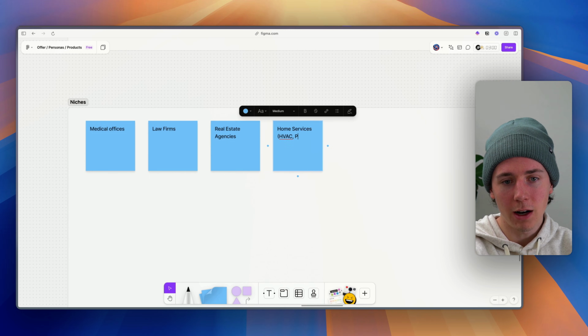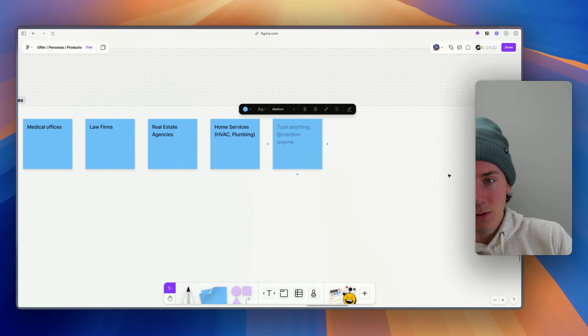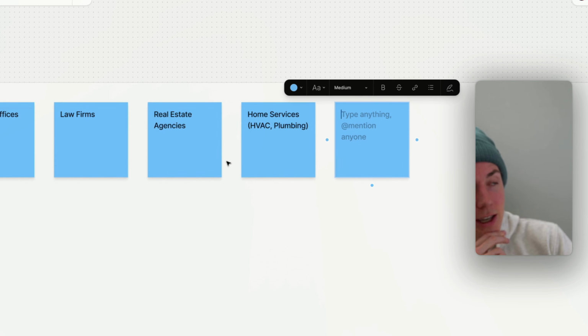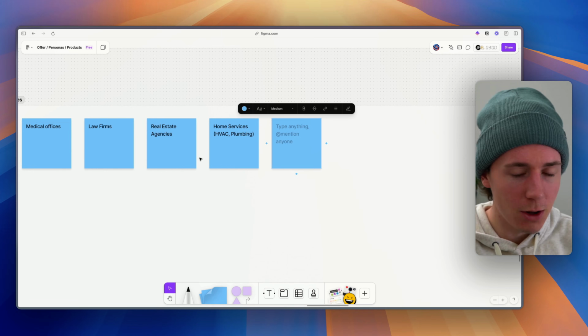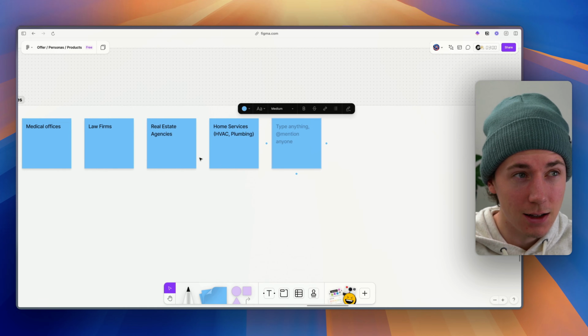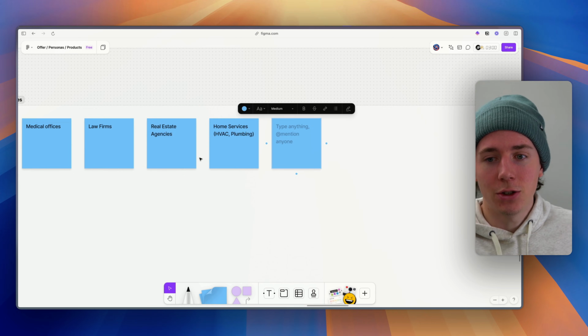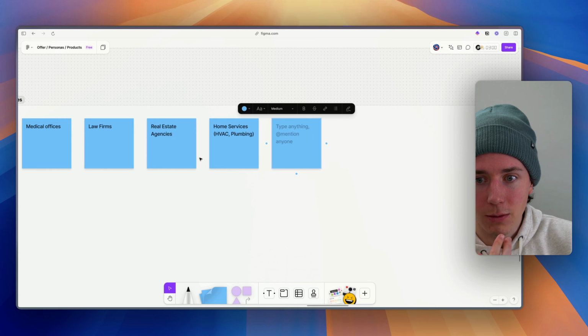HVAC, plumbing. This is one I'm really interested in going after because they're not going to be getting hit up via cold email from your average Joe. A lot of my campaigns right now have been towards marketing agencies, and it has not been working out very well. My hypothesis is that these are industries that are just getting hit up by a million people per day, because it's the most common niche.